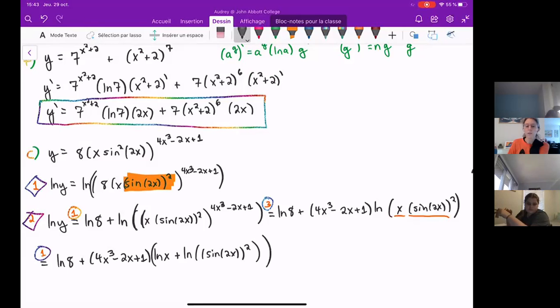Is there any rule left that I can use? What rule can I still use? I can bring the 2 down, exactly. I still have this power of 2, so now I'm back to being able to use rule 3 again.